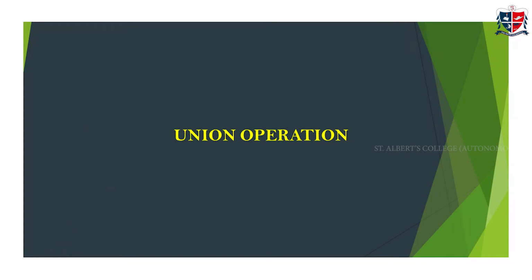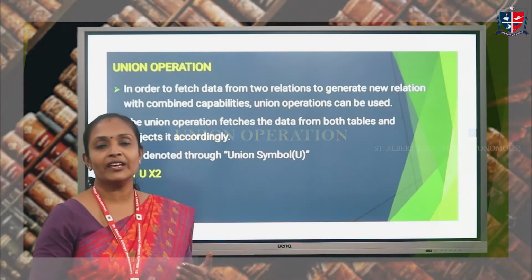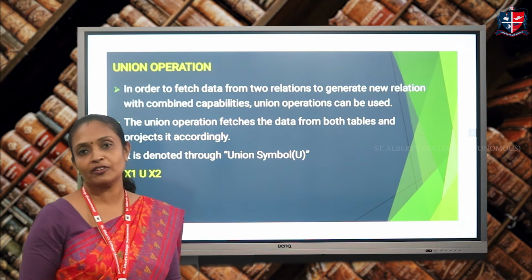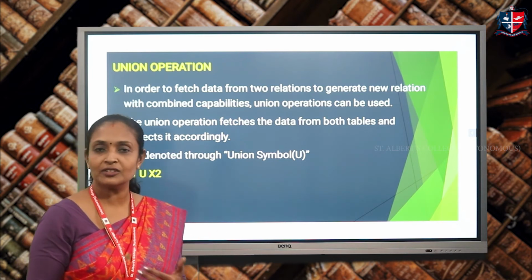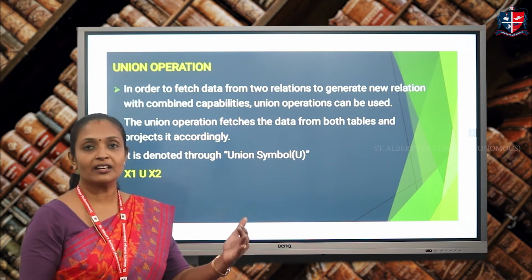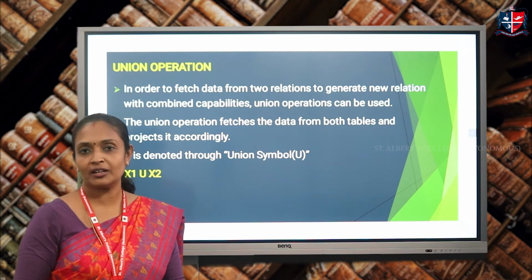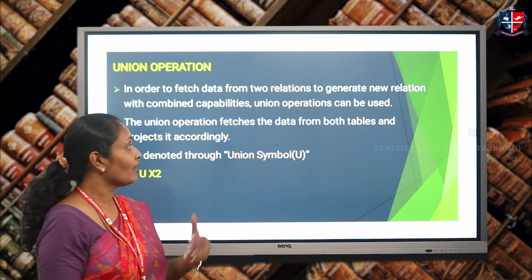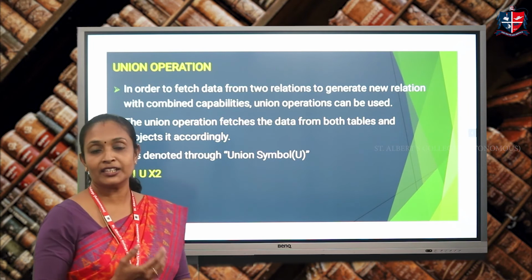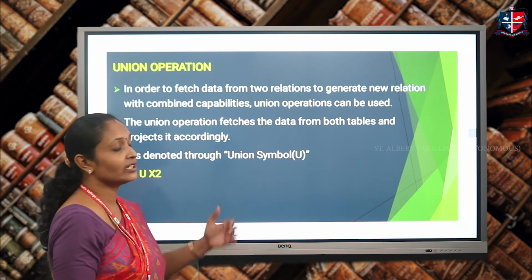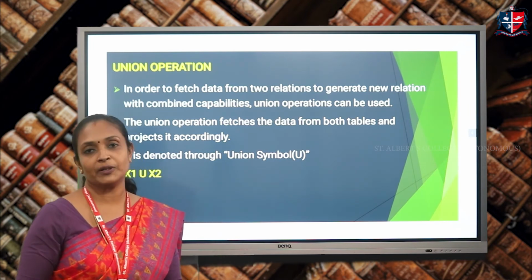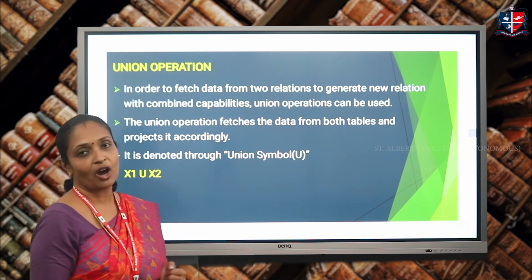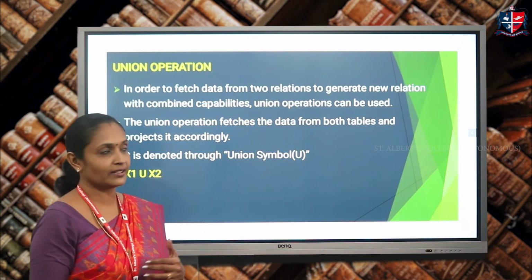Next is the union operator. So far, we explained how to retrieve data from the database, based on a condition or all the data stored in it. But in some situations, we have to take data from 2 relations and generate a new relation. For that purpose, we use the union operator.